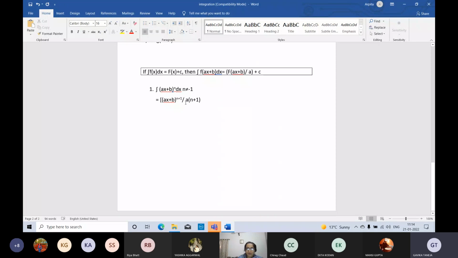So any question if you have, please ask me before I go with a couple of more formulas and things become more complicated. Plus c. So I'm repeating, you're integrating (ax plus b) raised to the power n, where n is not equal to -1. So it's going to be (ax plus b) raised to the power n plus 1 divided by a into (n plus 1), plus c. Is this clear?